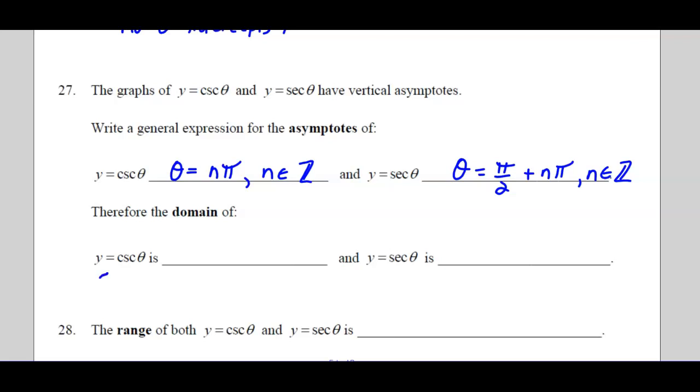I'm going to put it underneath because my writing is kind of big. So all values of theta, where theta is not equal to n pi, where n is an integer, and theta is a real number.